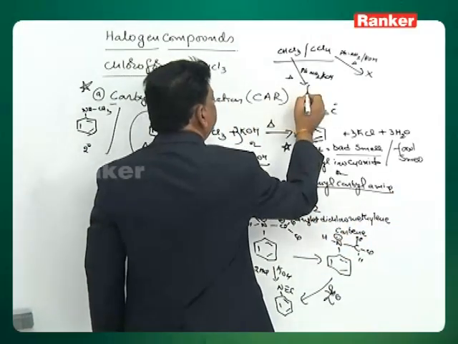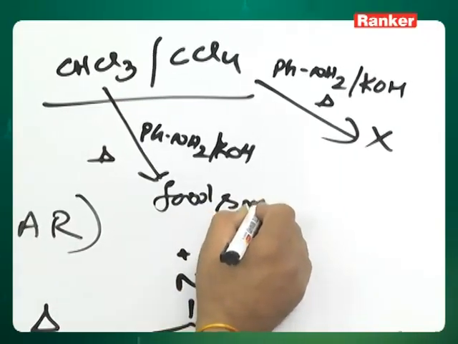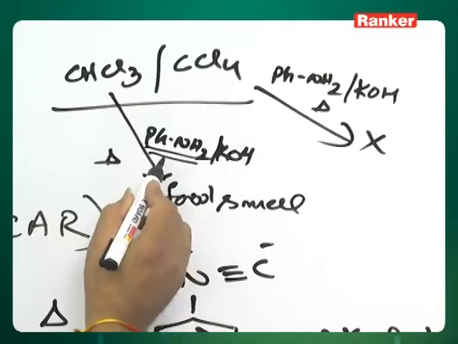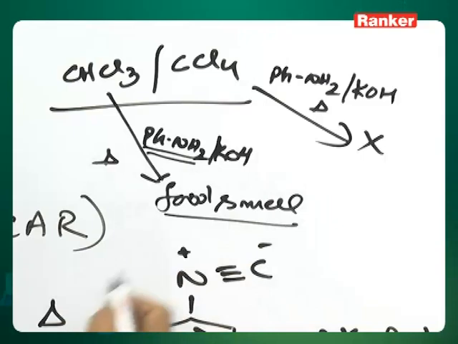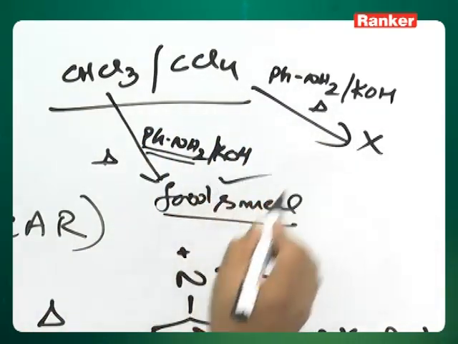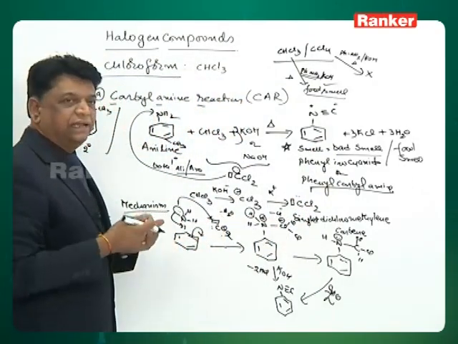So this foul smell you get only in the case of the 1 degree amine, that is, chloroform and aniline will give this foul smell, but CCl4 and aniline will not give it. So in one case the test becomes positive, in the other case it is called a negative test.